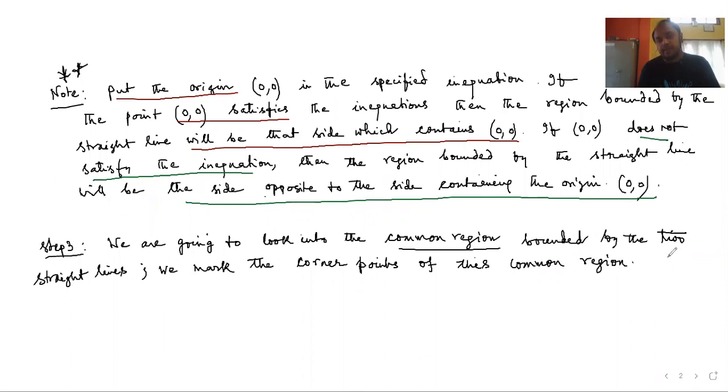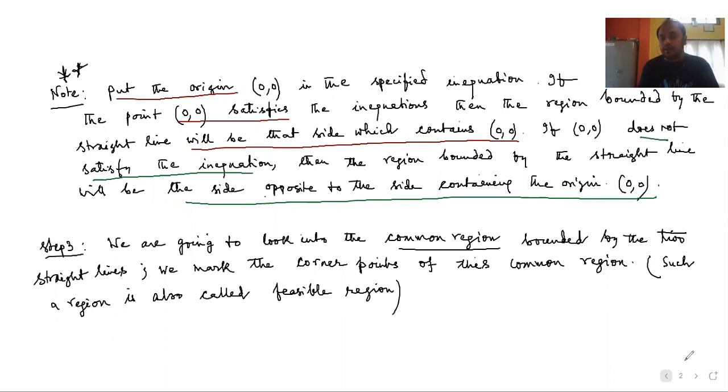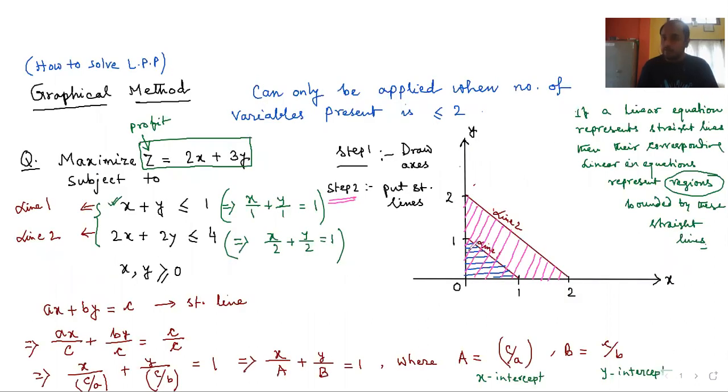Such a region is also called feasible region. Together they are known as common feasible region. Because the values of x and y present in this region are feasible because they are non-negative.